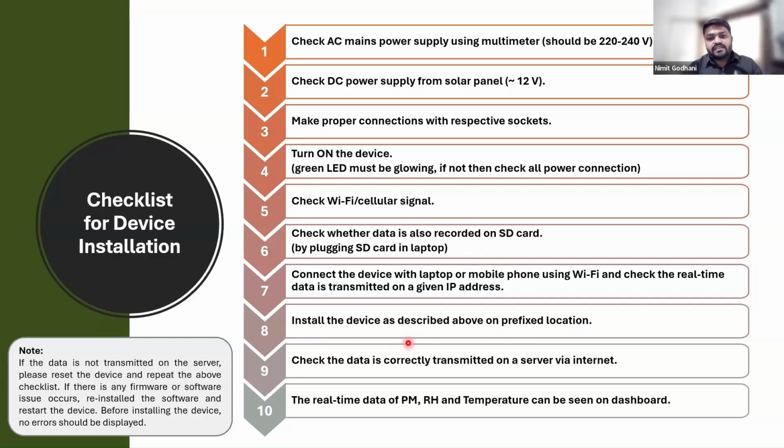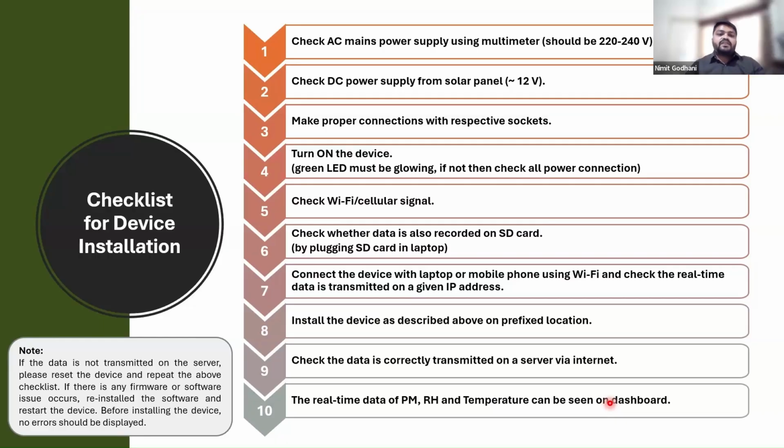Install the device as described above at the prefixed location. Check if the data is correctly transmitted to the server via internet, and the real-time PM, RH, and temperature can be seen on the dashboard. We have also developed our dashboard, where you can see each and every data set updating at a 1 minute interval.